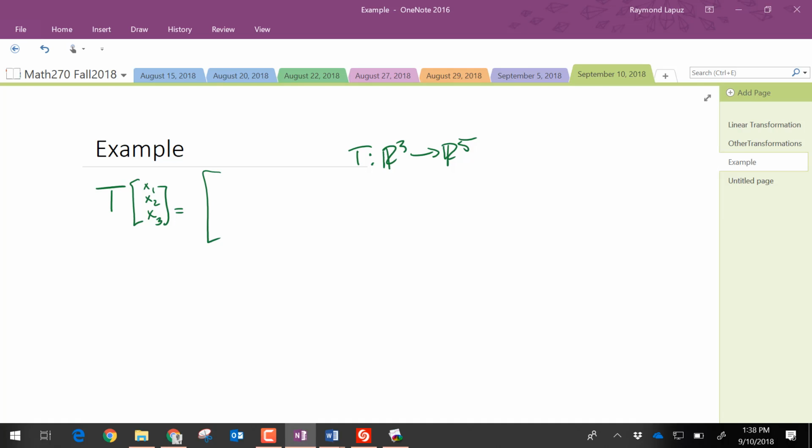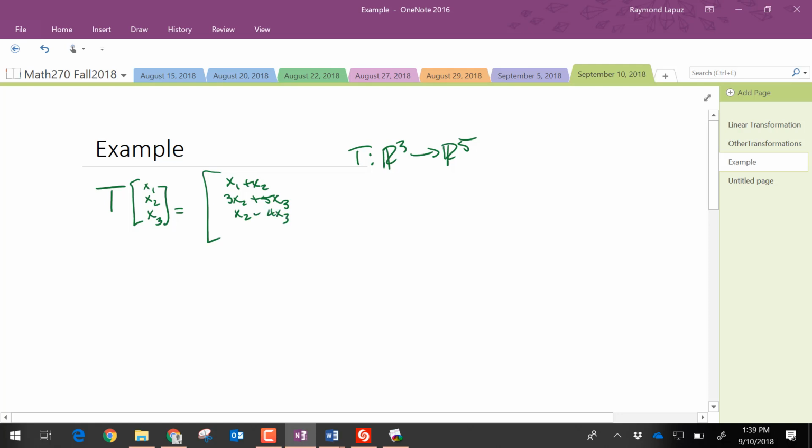So let's say the first component of your 5 vector is going to be x1 plus x2. And then the second component would be 3x2 plus 5x3. And then the third component would be x2 minus 4x3.